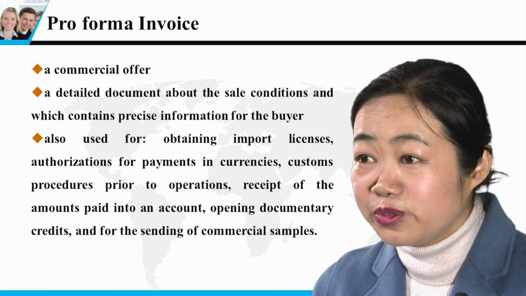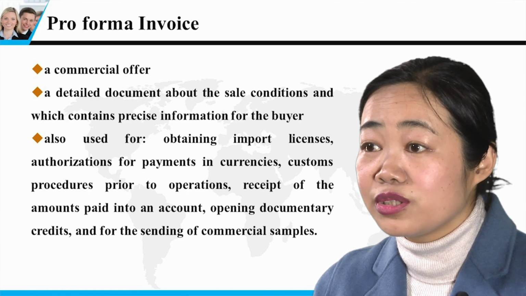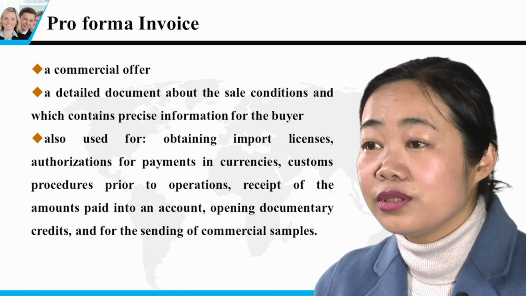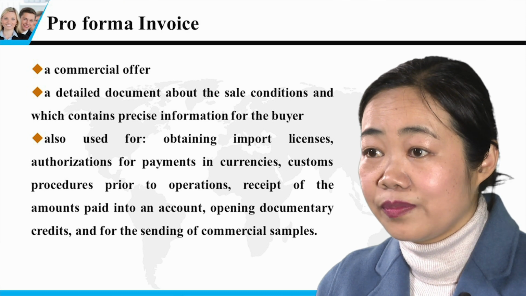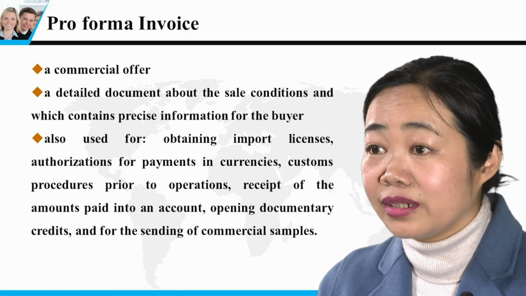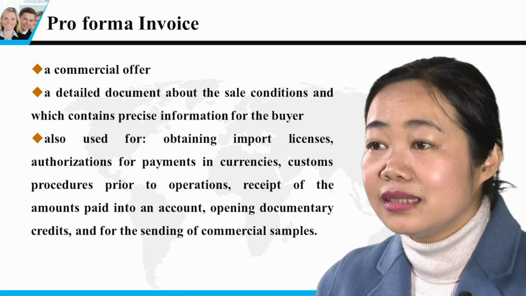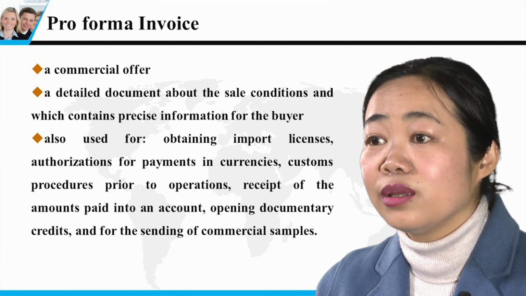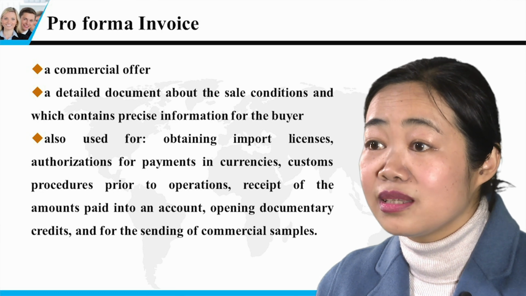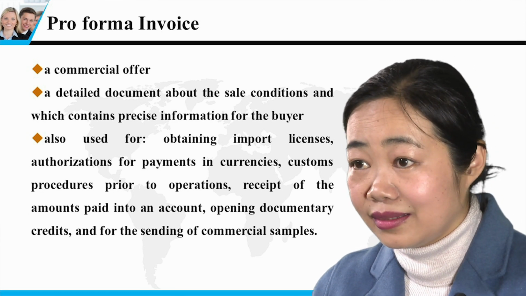A pro forma invoice is an administrative document which is mostly used as a commercial offer. In other words, it is a detailed document about the sales conditions which contains precise information for the buyer.